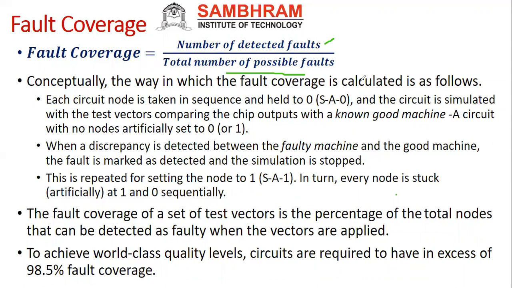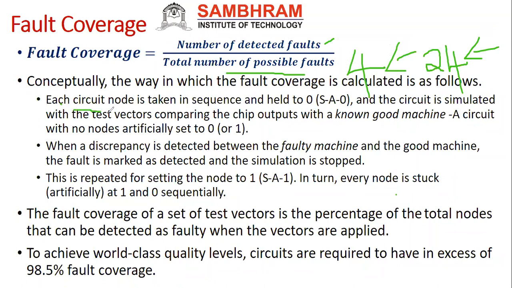For example, if I have a circuit where the total number of possible faults is 24, and I detect 4 faults, then 4 by 24 gives me the fault coverage. Conceptually, how can we calculate the fault coverage here?